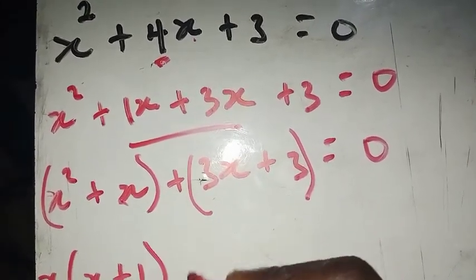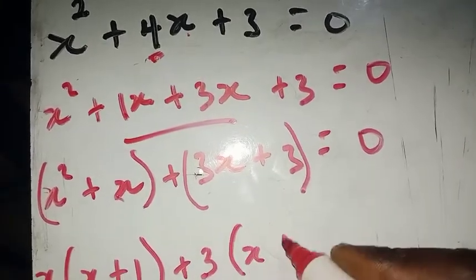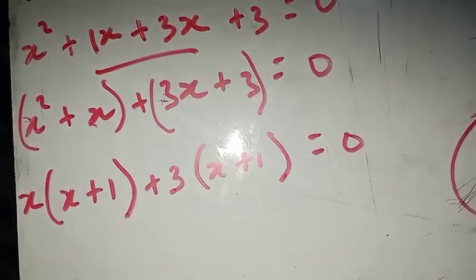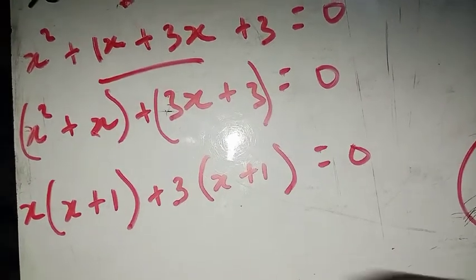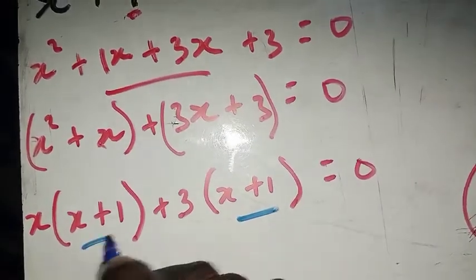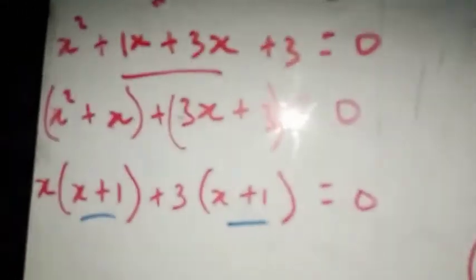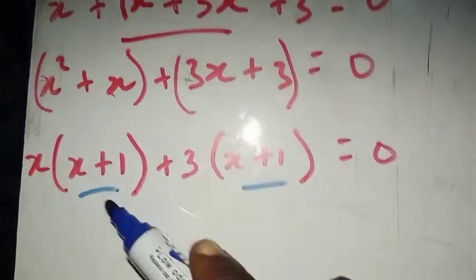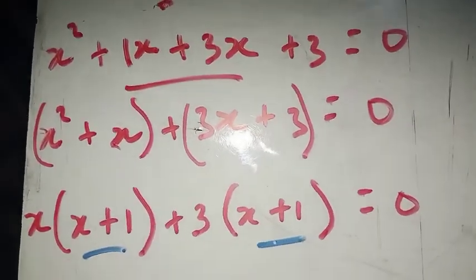Look at the trick here. Here we have the 3 out, positive 3 out, and you have x plus 1. Now pay close attention. The key here is that you always have to make sure that the members in the brackets are the same in factorization. If the expression in one bracket is different from the one in the second bracket, then there's something wrong with your factorization.